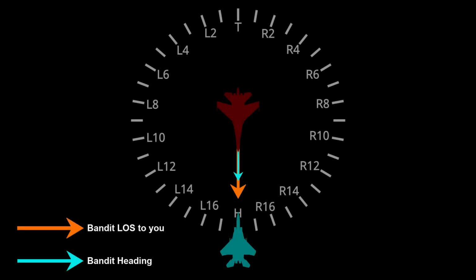The number represents the angle from the reverse line of sight to your ship. What this means is if their line of sight to you is thought of as 180 degrees, we call that hot. The reverse of that would be 0 degrees, and we call it tail. And as they show you one side of their aircraft or the other, the F-15 systems are going to tell you which side they are showing you and what that angle is in tens of degrees. So that's what the numbers represent.